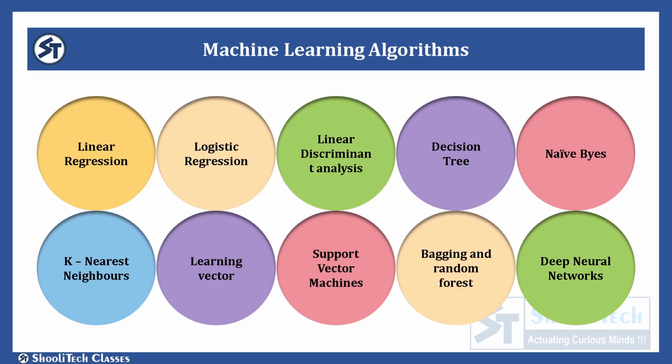Now, depending on what type of data we have, structured or unstructured, discrete or continuous, or what type of model we want to create, we have many types of algorithms available, like linear regression, logistic regression, linear discriminant analysis, decision tree, naive Bayes, k-nearest neighbor, learning vector quantization, support vector machines, bagging and random forest, and deep neural network. And after selecting the most appropriate algorithm, then we create the AI model.